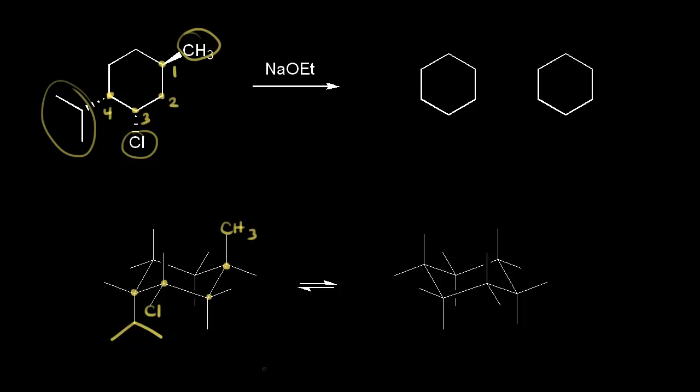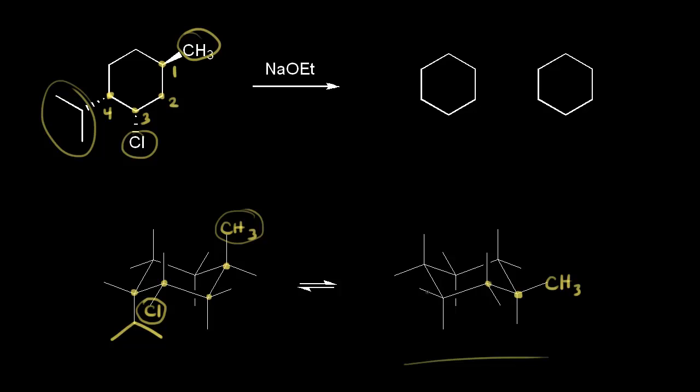For an E2 elimination in cyclohexanes, the halogen needs to be axial, but here the halogen is equatorial. So next, we need to think about a ring flip. On the right would be our other chair conformation, and this is carbon 1. If I have my methyl group up axial for the chair conformation on the left, it must be up equatorial for the chair conformation on the right.